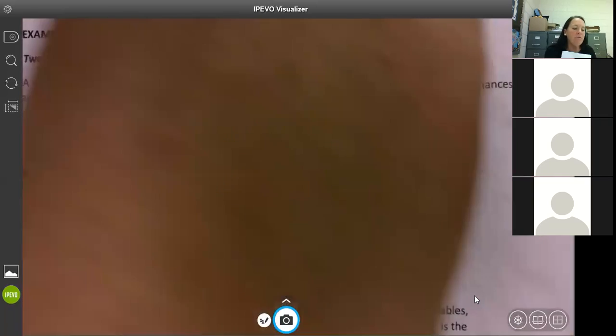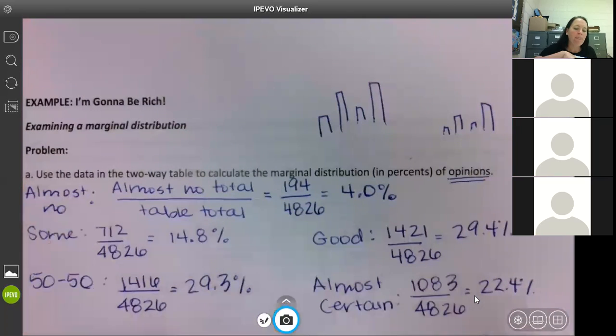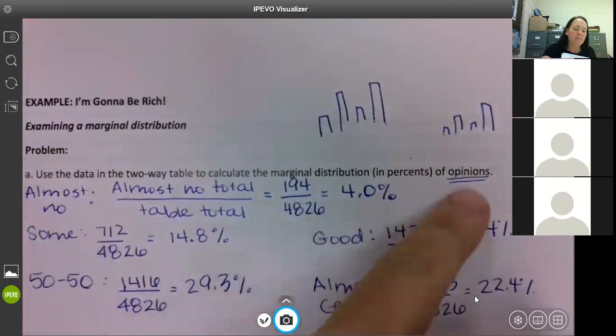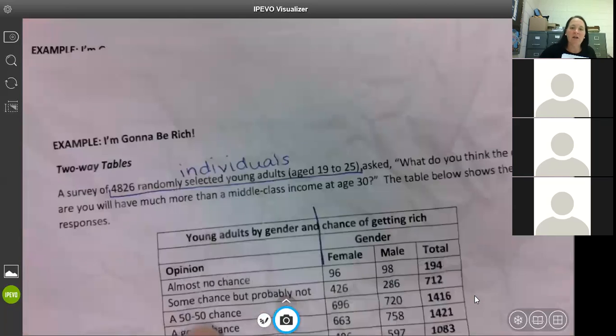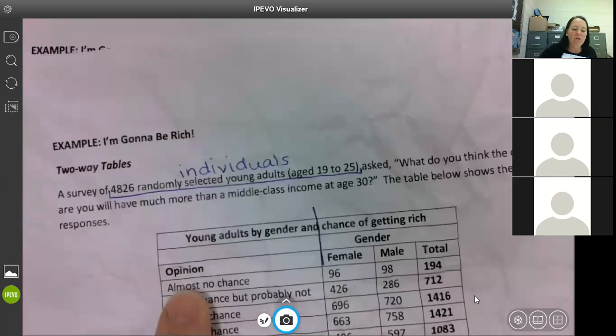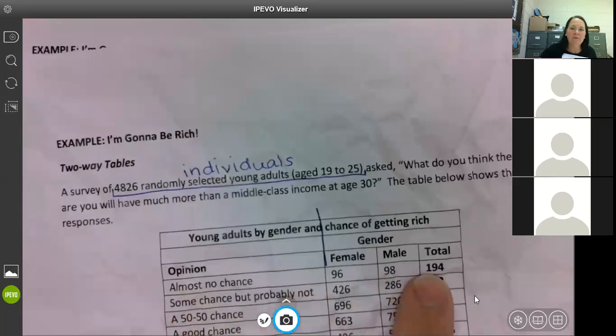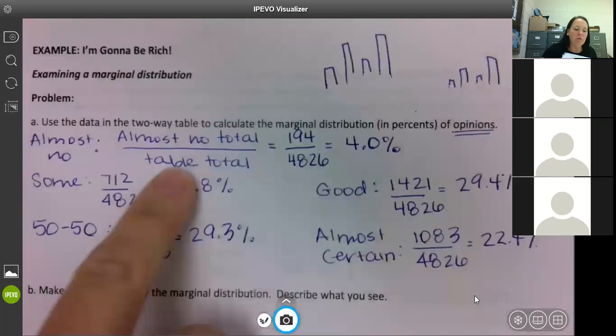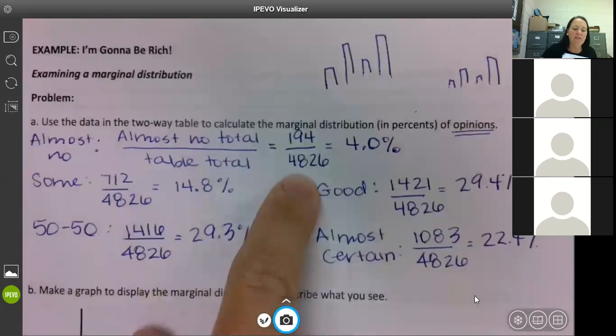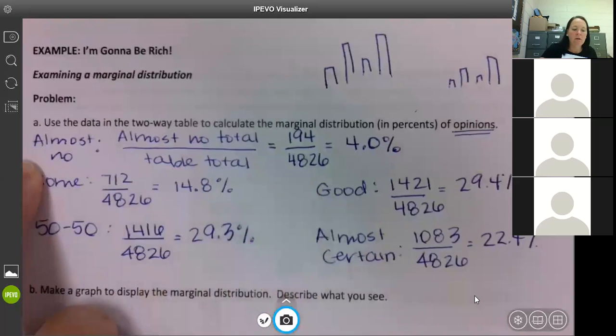So if it asks you for the marginal distribution of opinions, it has nothing to do with male and female. You do the total no chance over the total table. So the total of no chance over the table total. So marginal is the easy one, okay? So it's always whatever they ask for over that.